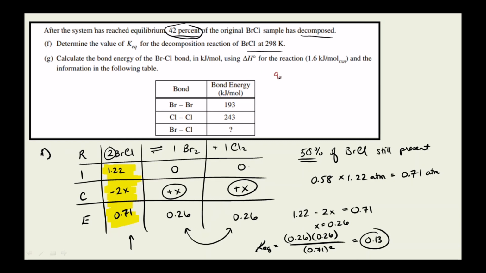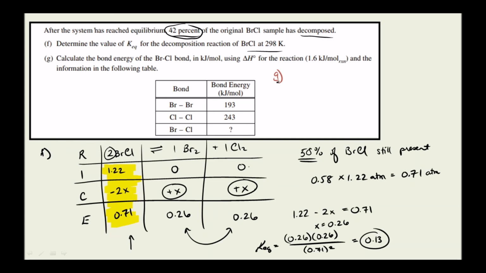Okay, so part G, let's look at these bond energies. So we want to calculate the bond energy of a BrCl bond in kilojoules per mole using the delta H naught for the reaction, which they give us as 1.6 kilojoules per mole, and the information in the table. So we have 3 different bonds, Br-Br, Cl-Cl, and BrCl.